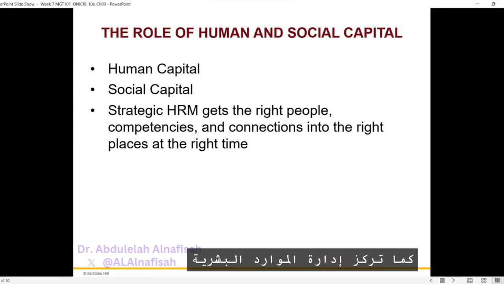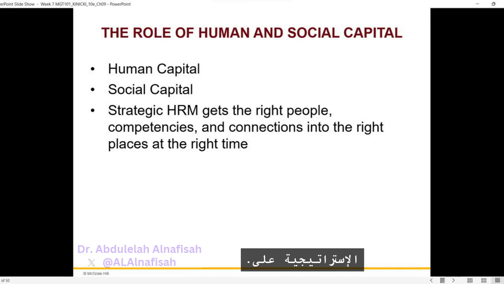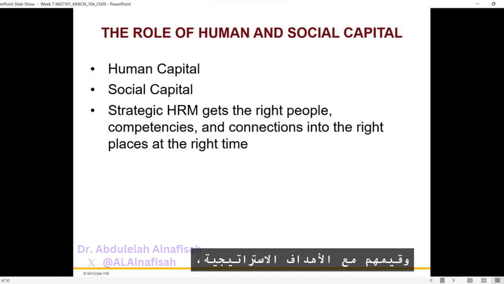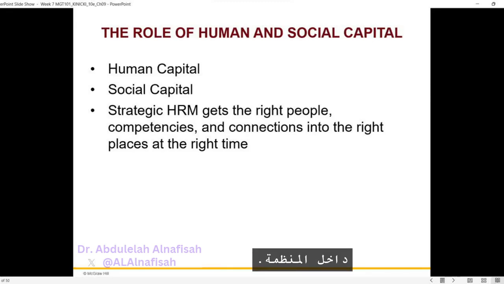Also, strategic human resource management focuses on aligning the right people with the appropriate competencies and connections in the right positions at the right time to drive organizational success. It entails identifying and attracting individuals whose skills and values align with strategic objectives, developing critical competencies, fostering connections and collaboration, and ensuring optimal placement within the organization.